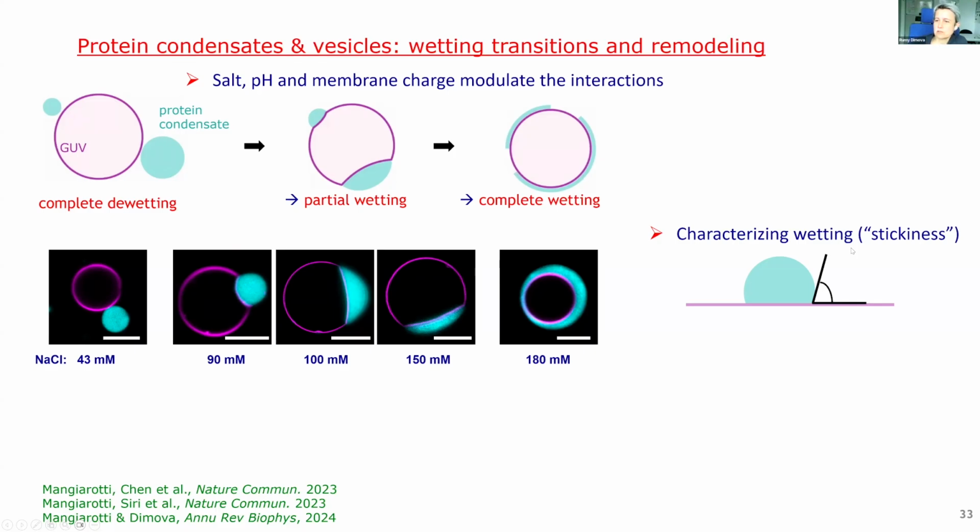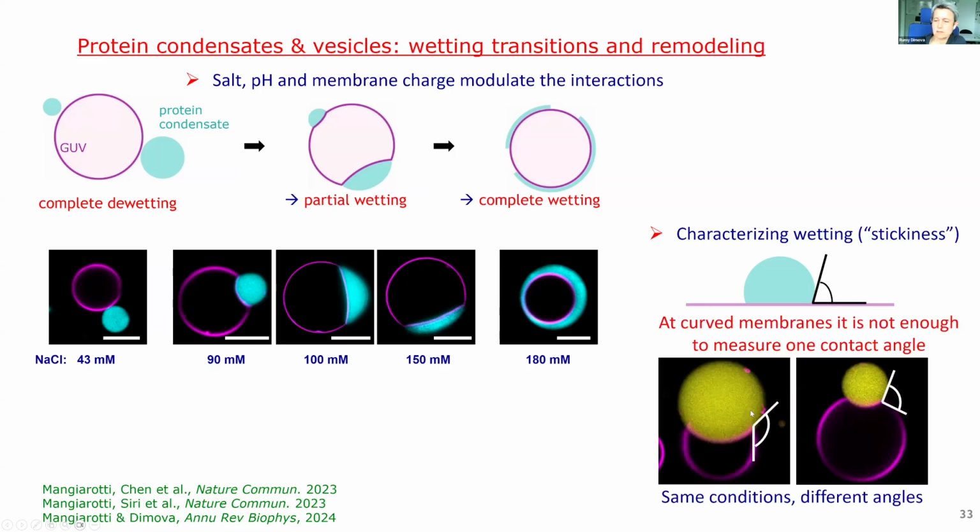The way to characterize this wetting or stickiness is by measuring a contact angle. This would work only if you have a membrane which is completely flat. But the thing is that with giant vesicles, because they are very soft and they can be deflated, they can observe different shapes, and it's not sufficient to measure just one contact angle.